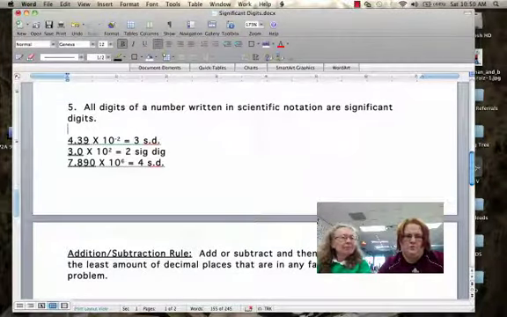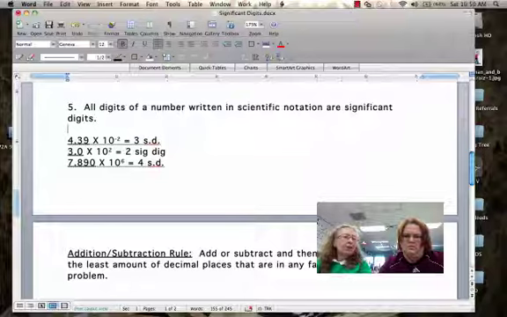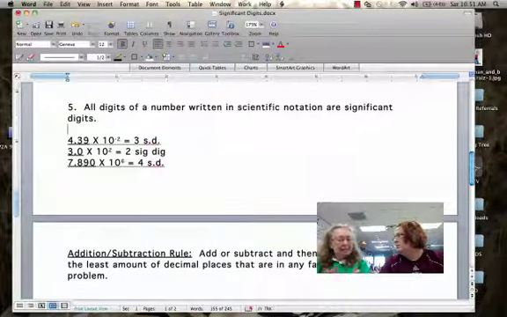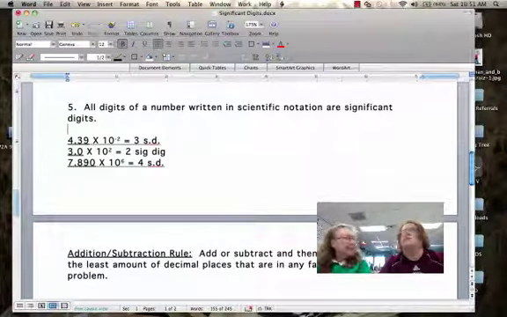Of course, if you took 4.39 times 10 to the negative second out of scientific notation, you would have 0.00439. And so again, those preceding zeros would not be Sig Digs.